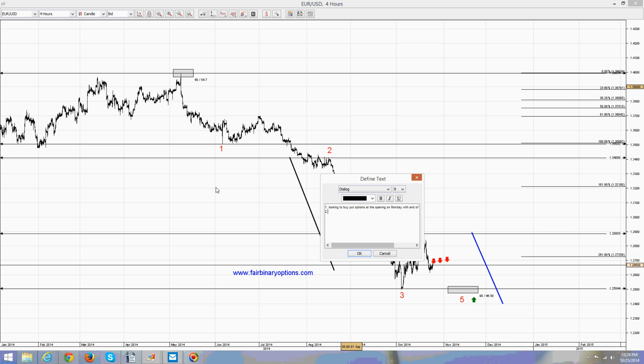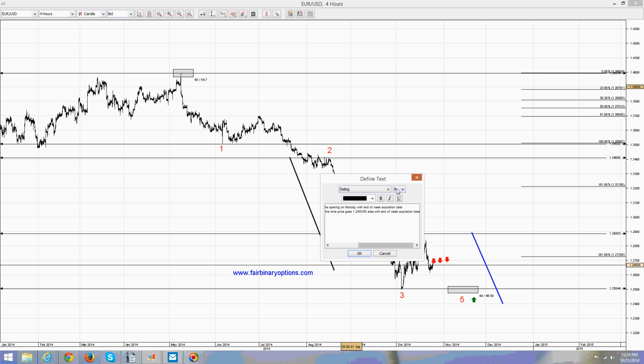And second of all, looking to buy call options, sorry, by the time price goes to 1.2450 or even the 60 area, again with end of week expiration date.